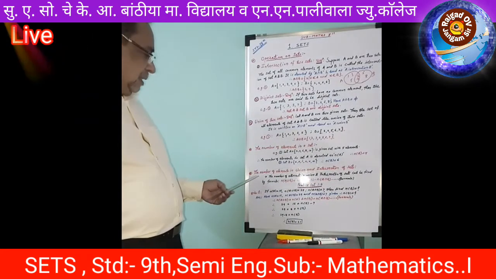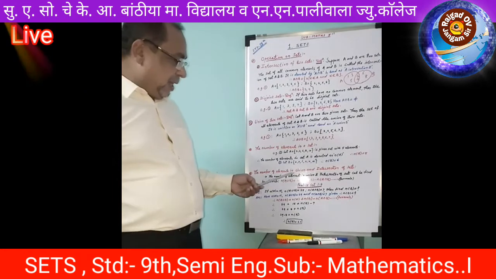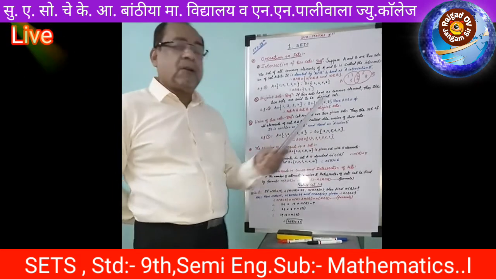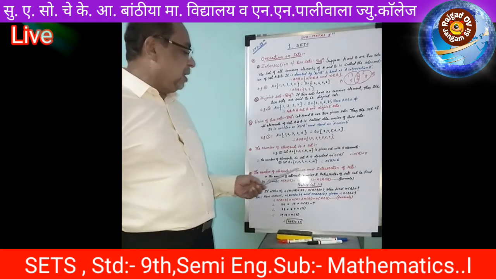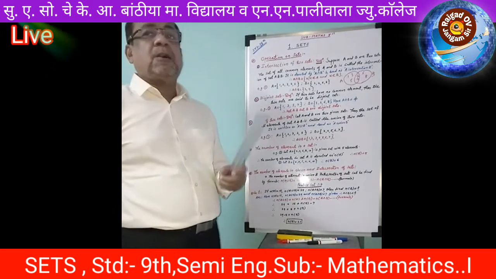And the last point is the number of elements in the union and intersection of two sets. So how can you find the number of elements in the union and intersection of two sets?